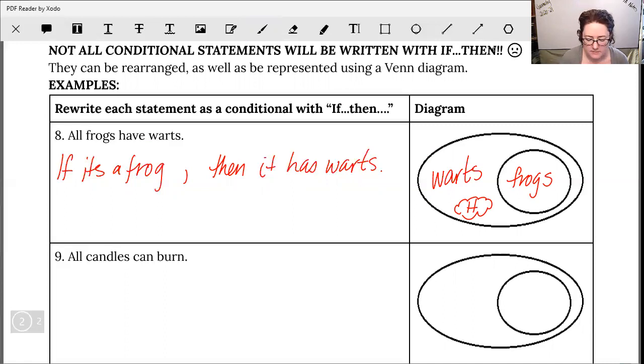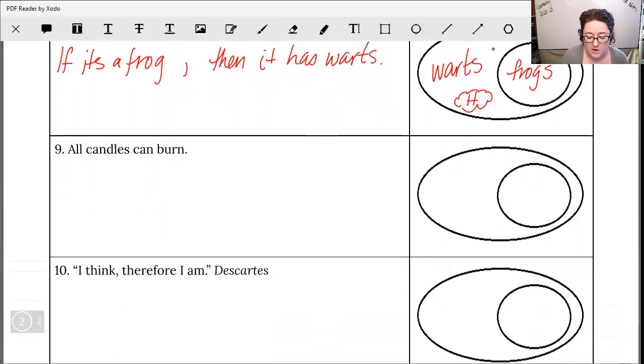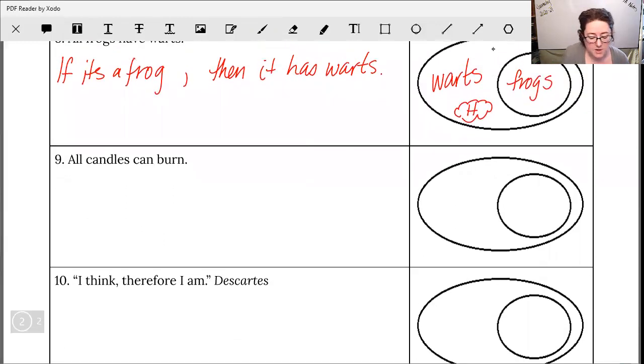Okay, number 9, all candles can burn. Same thing. We're going to have to change up our grammar to make this work. So we need to make it fit the if, then structure to be written as an if, then, or conditional statement in that format. So if all candles then can burn, doesn't make sense. But again, think about how you might tweak that grammar.